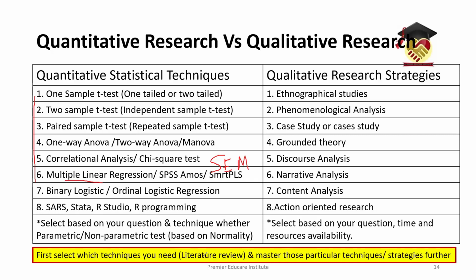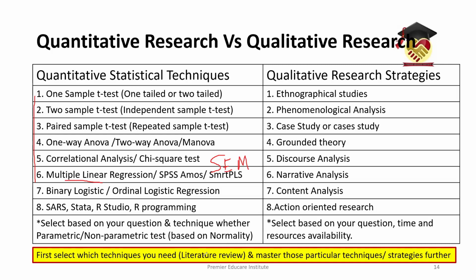Just read the abstract or just read the methodology. Within 10 minutes, you will be able to understand what statistical technique or qualitative strategy they used. So when you read 4 or 5 articles, it takes only about 10 into 5, 1 hour. You get all this information.